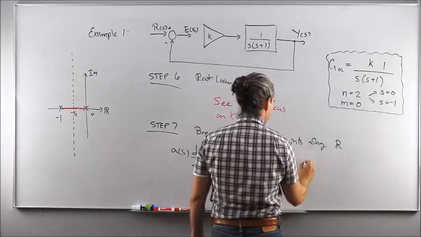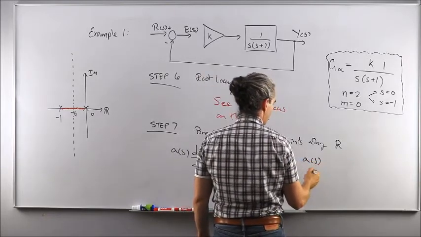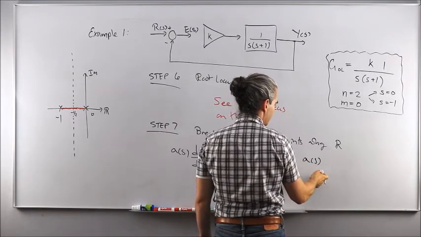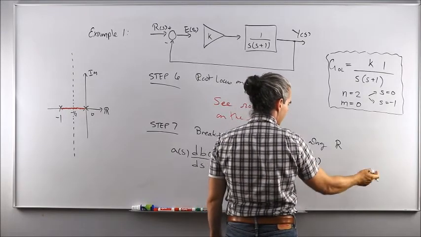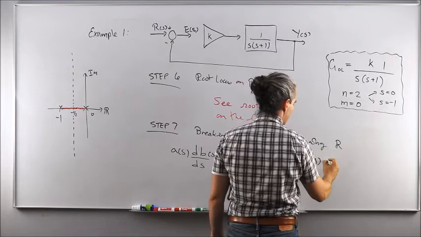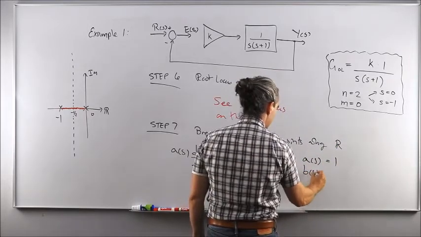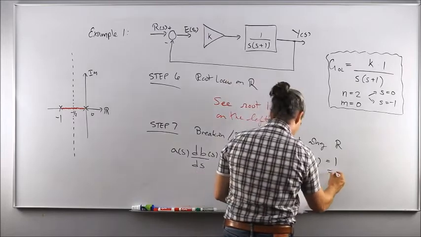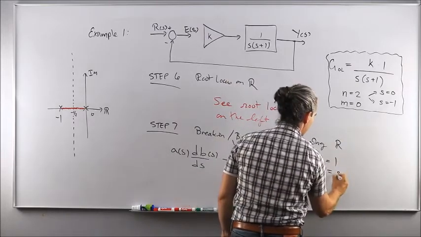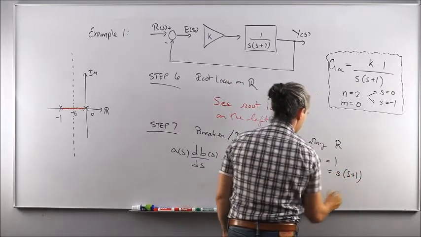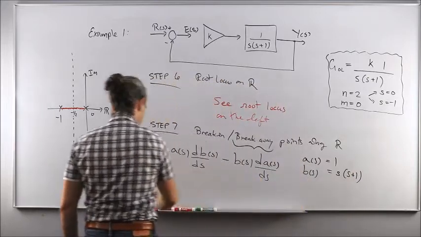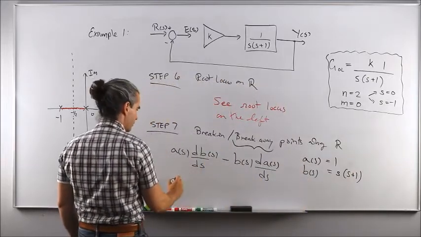So all you're considering for A is just the s minus z1 times s minus z2, etc., etc. But because here we don't have anything, all we have is 1, essentially. And our B is related to our denominator, which is just going to be s times s plus 1. So back in that expression, A is 1.